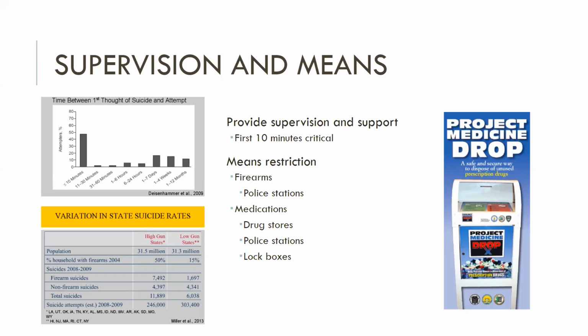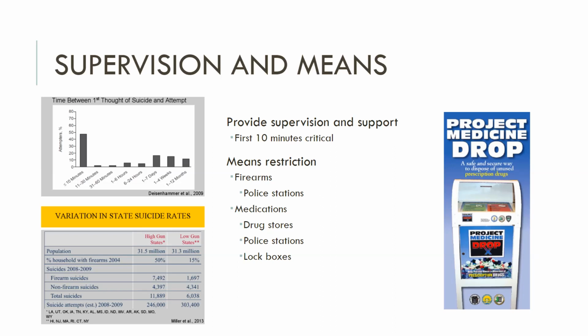So this one study that was published in 2013 with data coming from about 4 to 5 years prior, divided up not all of the United States, but several of them into two groups. And the states were chosen on the basis of whether or not they were high or low gun states.